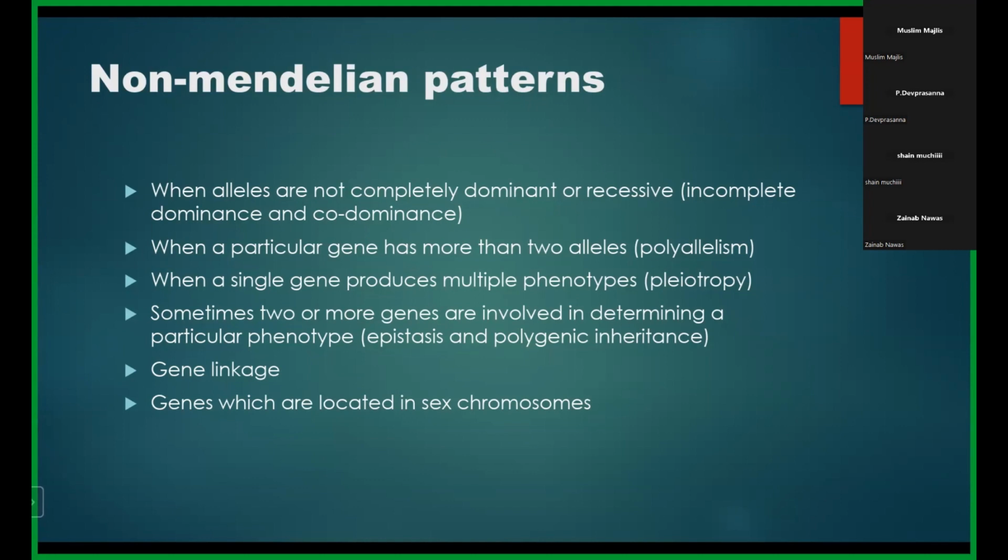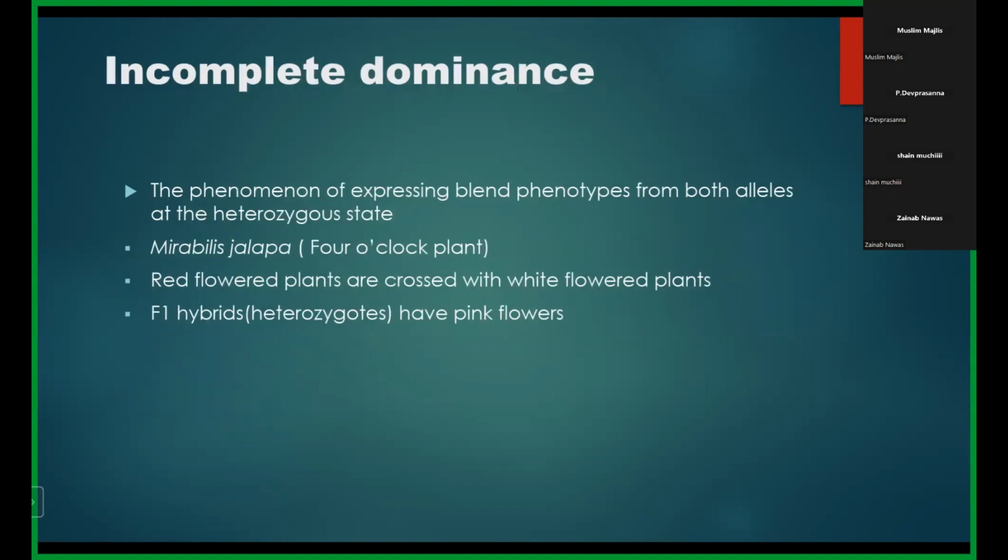Similarly, when two or more genes are involved in determining a particular phenotype, it's known as epistasis or polygenic inheritance. And then there is gene linkage, and genes located in sex chromosomes are another deviation from Mendelian inheritance laws.